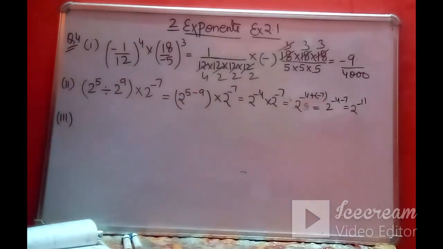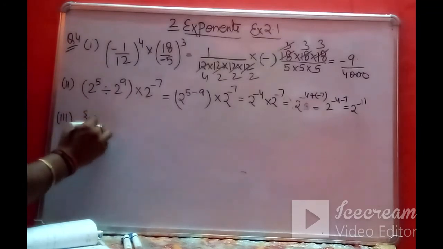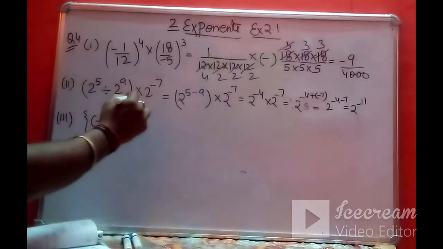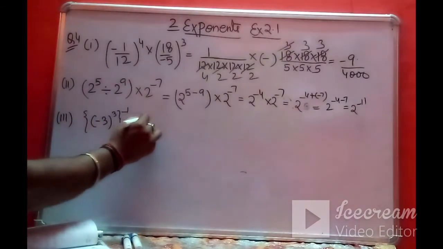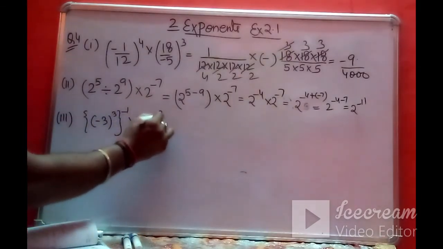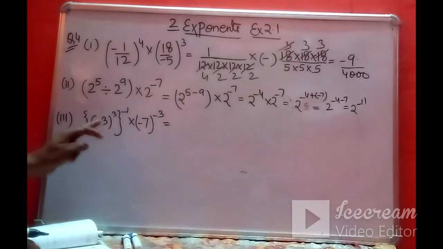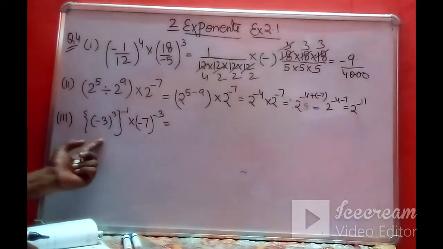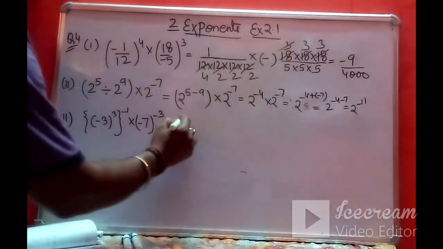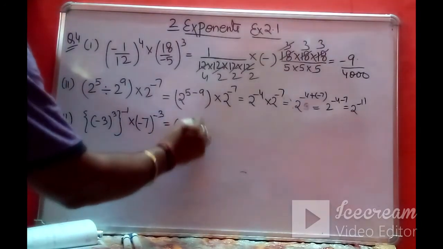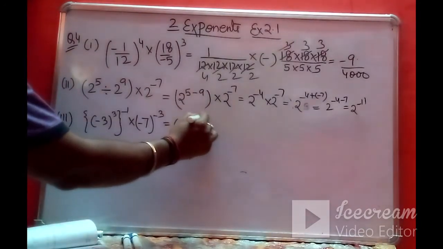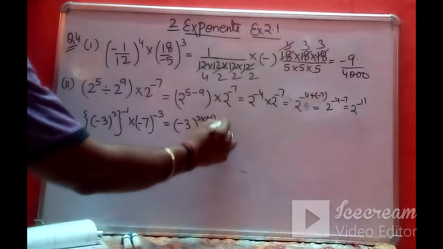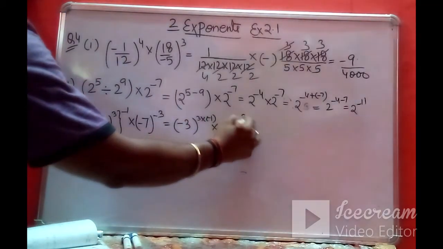Similarly, in the third question, a different type of question is there. It is 3 to the power minus 1 into minus 7 to the power minus 3. Here first of all we will convert this number into a single power, using the rule for a power to the power, like this.